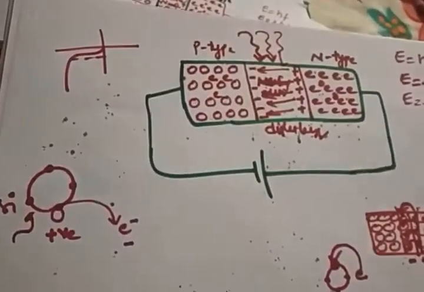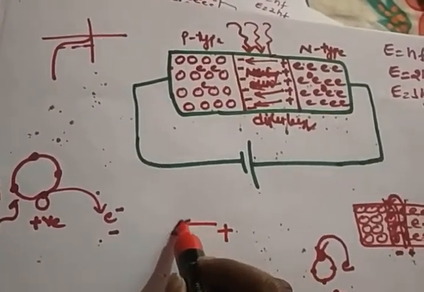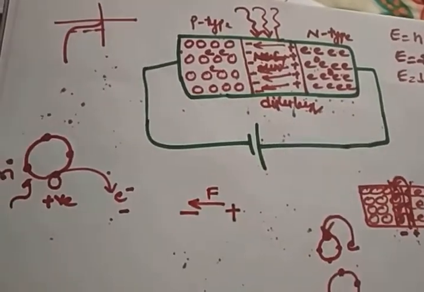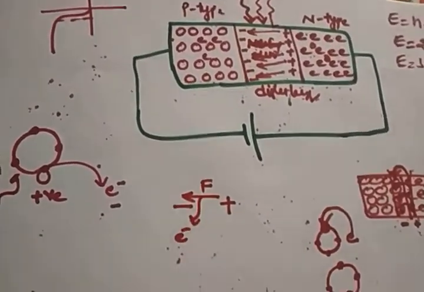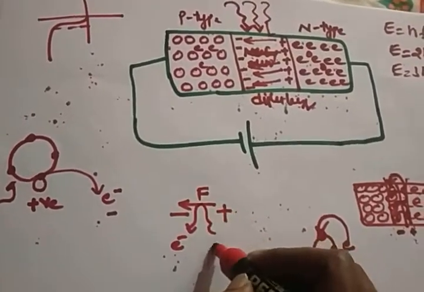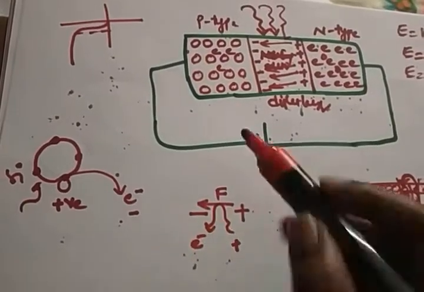One thing, see, in a depletion layer you have a force. What's the direction of the force? If this is a plus and this is a minus, this is the direction of the force.